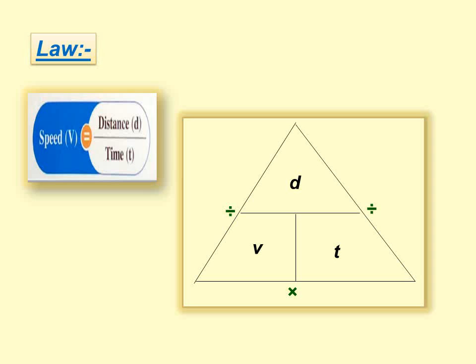This means that distance is directly proportional to speed and time is inversely proportional to speed. From this relation we can calculate distance: d equals v times t, and we can calculate time: t equals d over v.